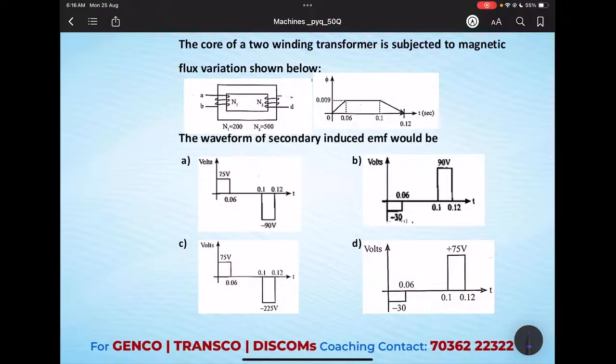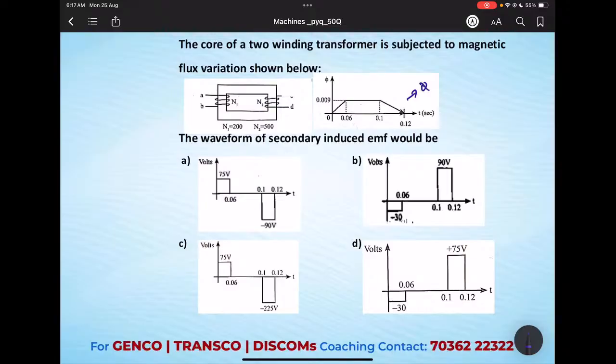Okay, the next question is about the core of a two-winding transformer subjected to the magnetic flux variation shown below. They have given the connection of the two-winding transformer and the flux waveform also. This is the flux.